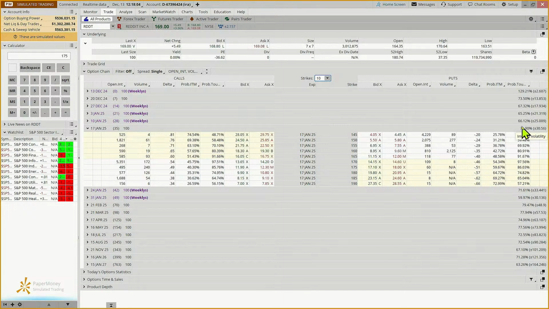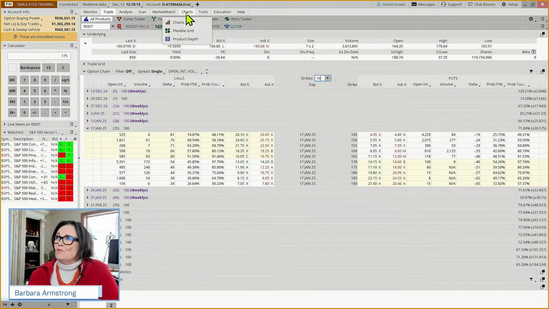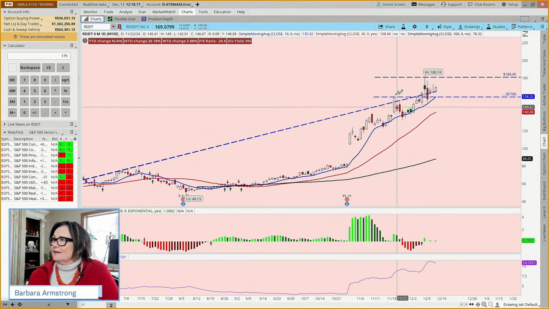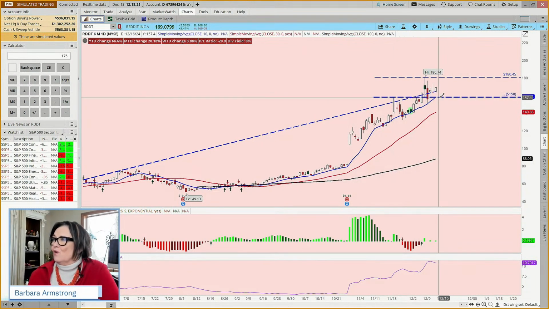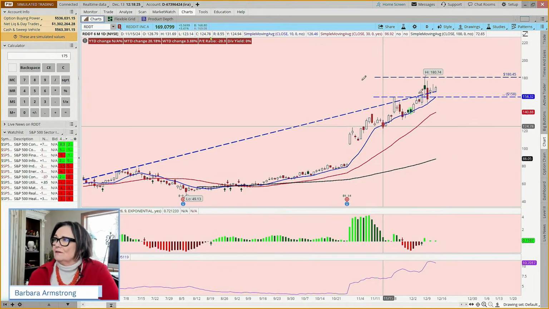And so why did I pick a volatile stock? Well, I picked a volatile stock because the premiums tend to be higher, but then there's more risk. And then where might we want to sell our put? Well, we might say, hey, could we sell maybe this 155, something below where we think it'll go?